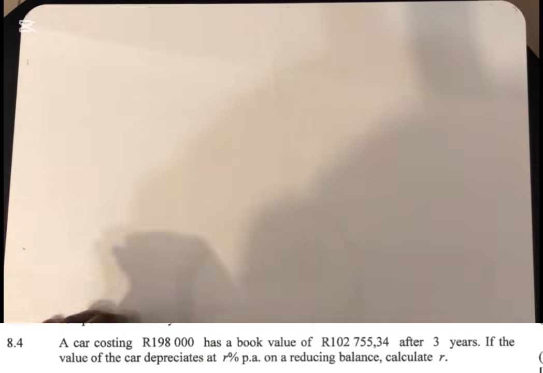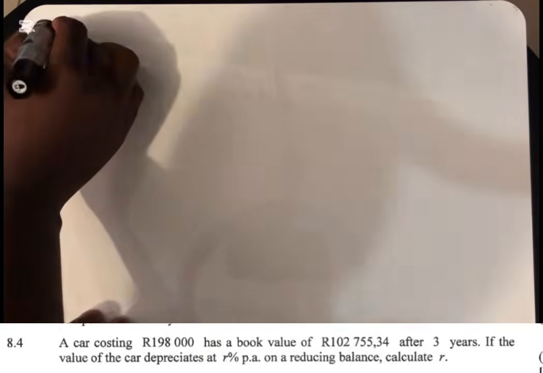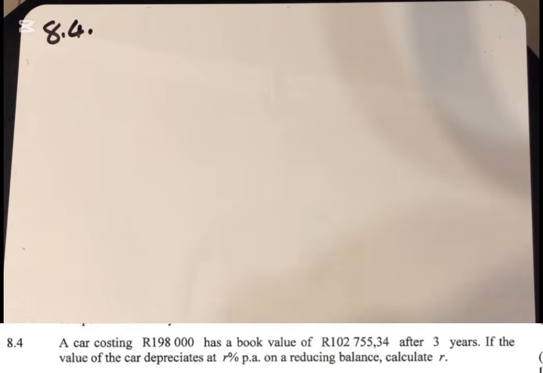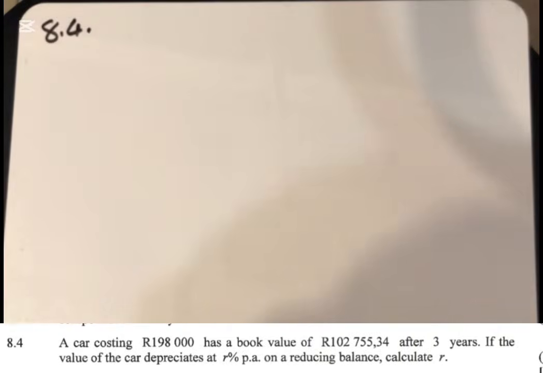The next question is 8.4. It says a car costing 198,000 rands has a book value of 102,755 rands and 34 cents after 3 years.